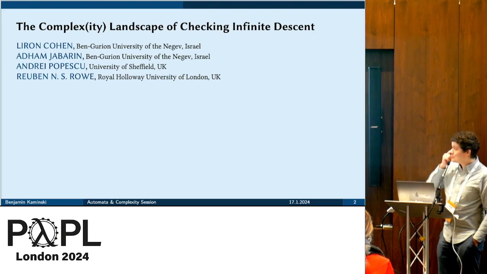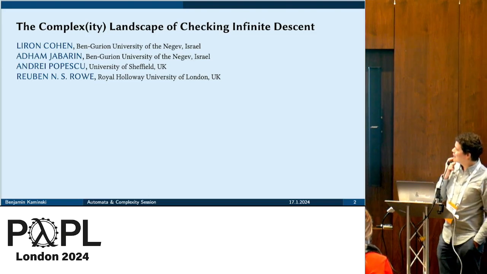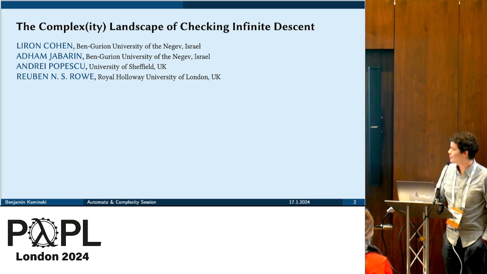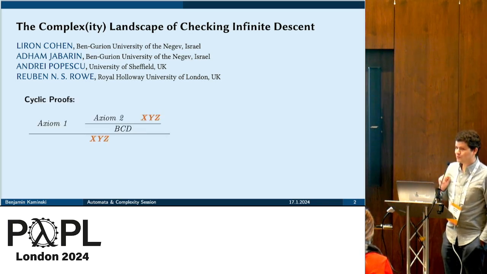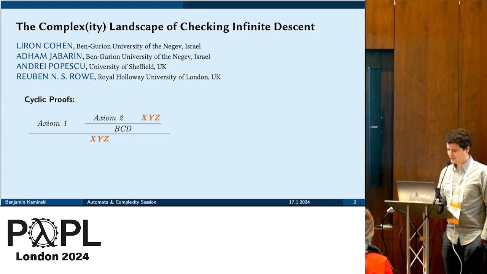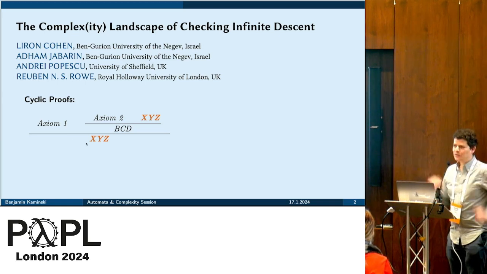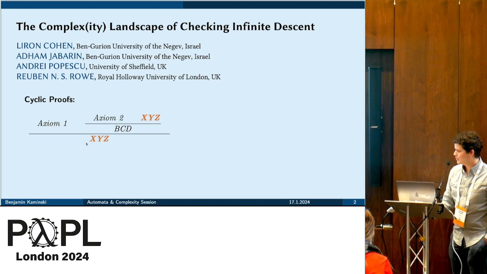Okay, the first paper is this, the complexity landscape of checking infinite descent. And what is this about? This paper is about cyclic proofs. If you want to prove that such a formula, or a sequent or something like that is true, then you can construct a proof tree, and there you have some axioms, another inference rule, and so on.